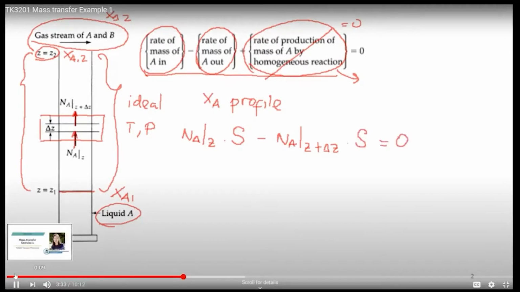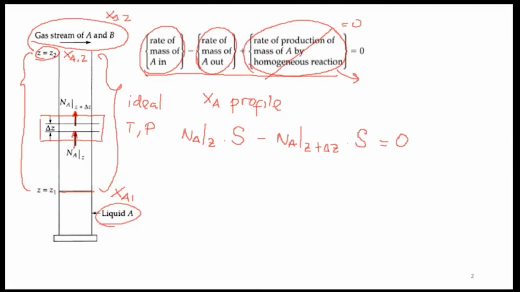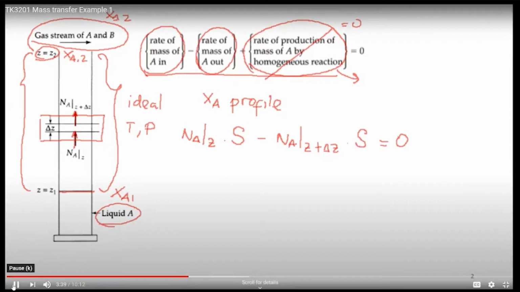Please note that NA is the flux of A. So to have the rate of mass of A, we have to multiply the flux by the surface. Okay, now we can divide this equation by S delta Z.